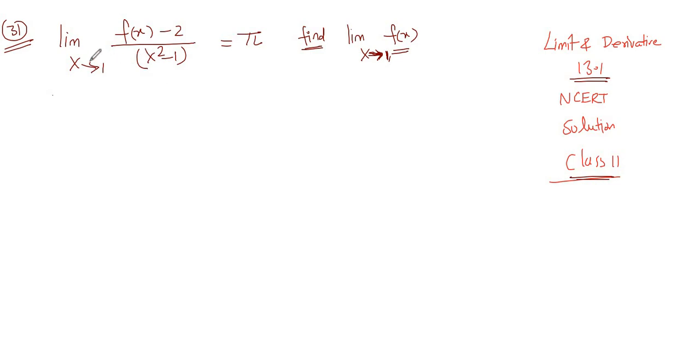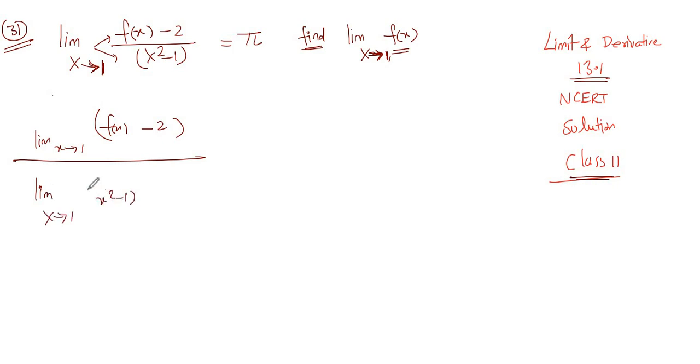Whenever we have limits, the limit goes to both up and down. So let me write down the limit. It will be the limit as x tends to 1 of (f(x) minus 2) divided by the limit as x tends to 1 of (x square minus 1) is equal to pi. Can I take it this side?